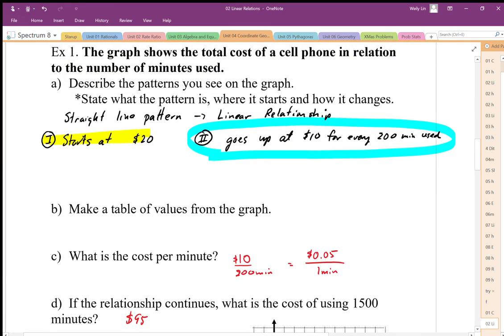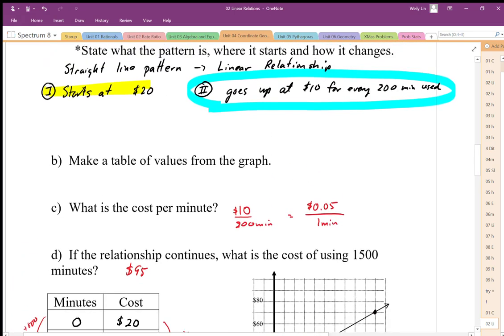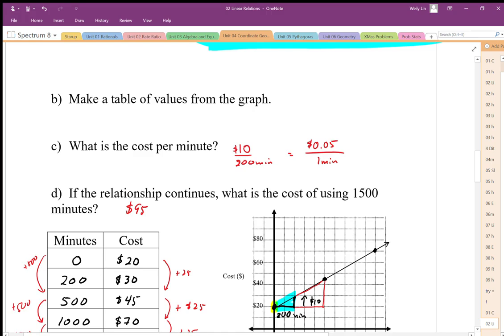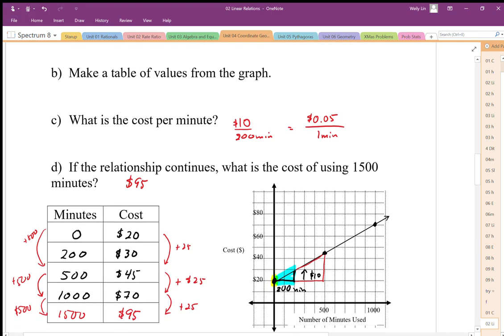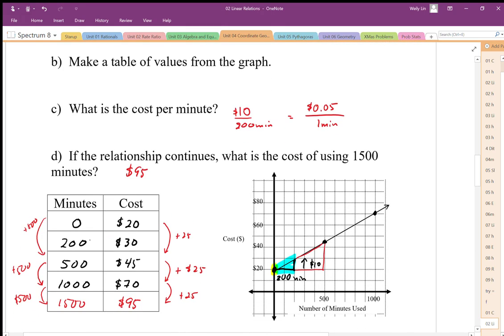So there's lots of things going on here. The big idea is we have this linear relationship. It's showing up as a picture. I can describe it in words. I can make a table of values. I want you to connect this idea that linear relationships have some sort of proportion. Sometimes they're direct proportions, but often the proportion is not direct, so we can't actually compare the proportion in the table.